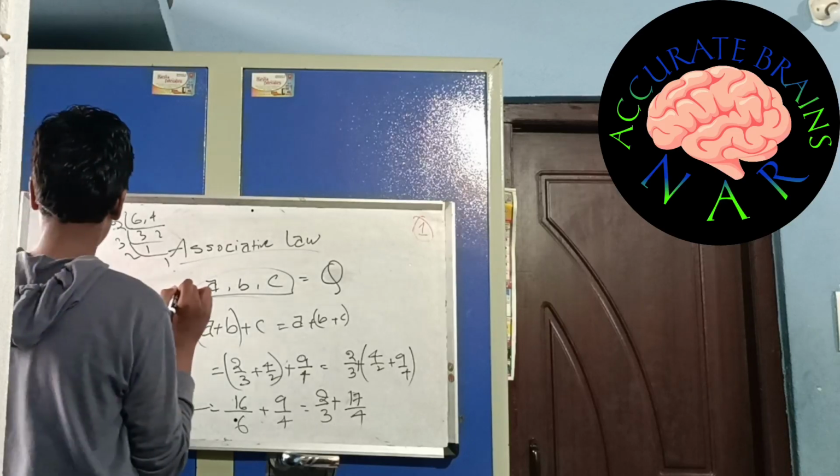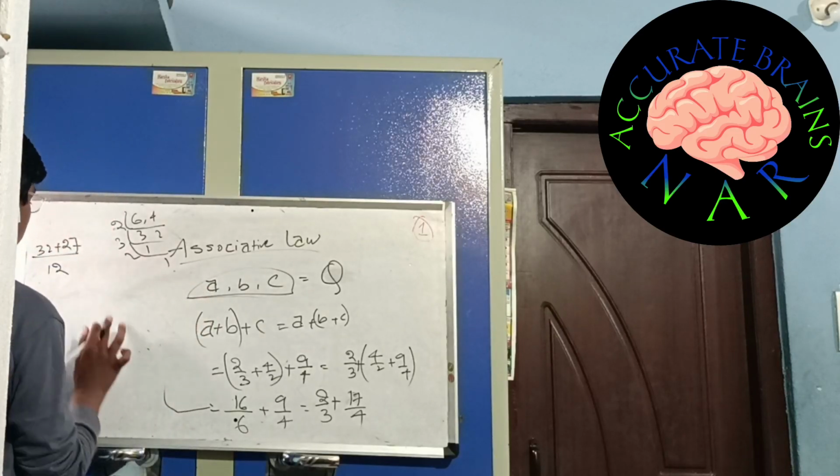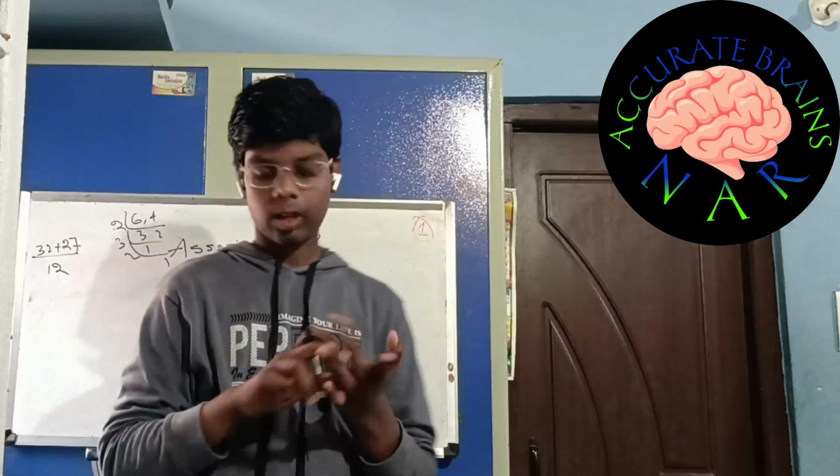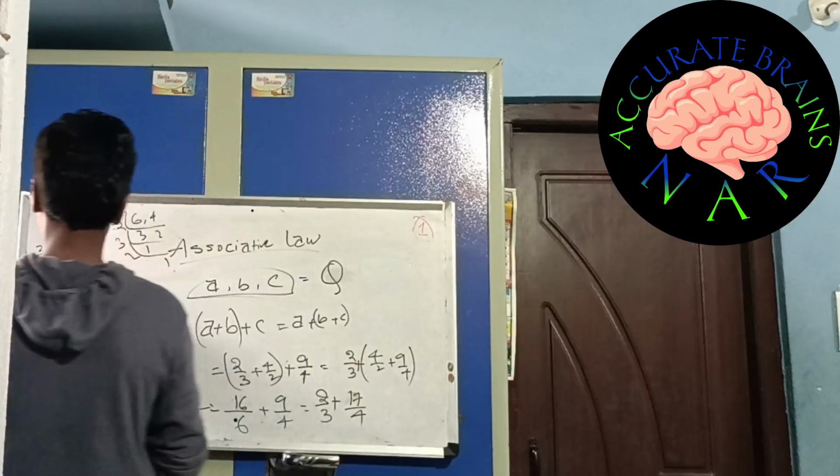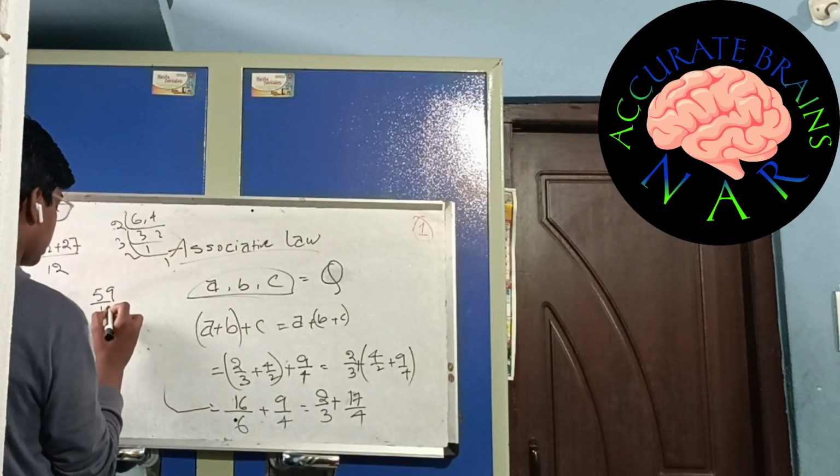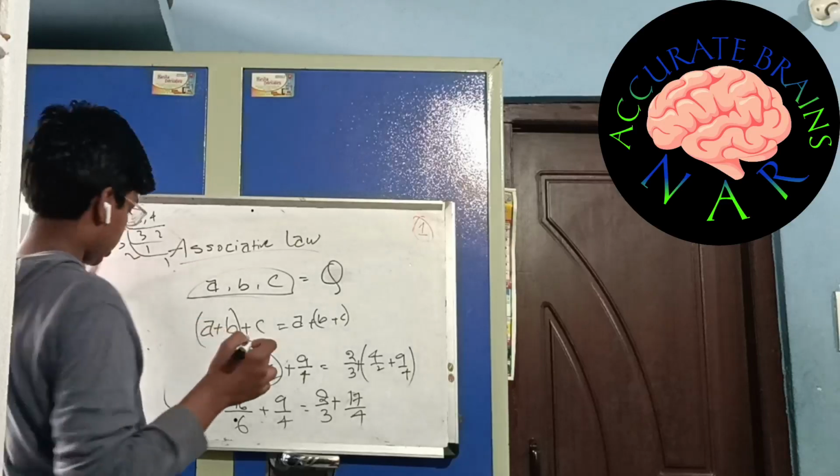So 32 plus 27 is nothing but 59 by 12. So here we got the LHS side.